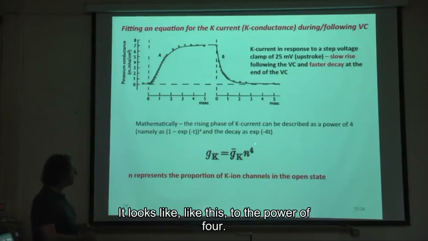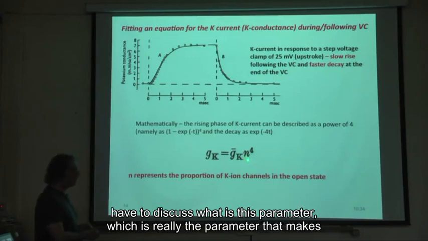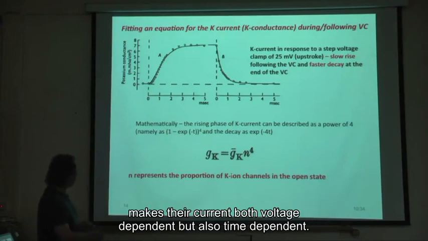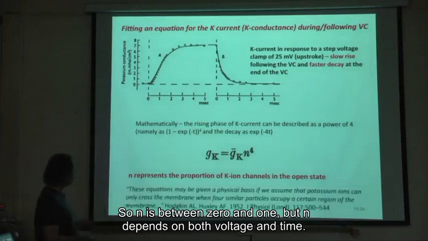You can say that if N is equal to 0.5, then 0.5 to the power of 4 is the proportion. It's actually not N, but N to the power of 4 that represents how much of the conductance is available. If N equals 1, all the conductance is available. So N is this special parameter, the activating N parameter for the Hodgkin-Huxley equations.